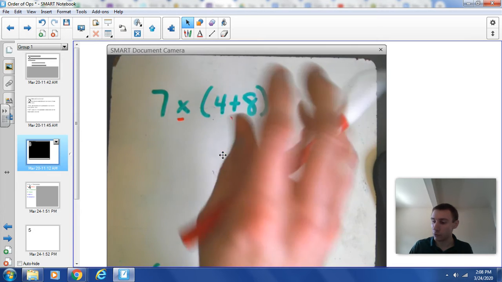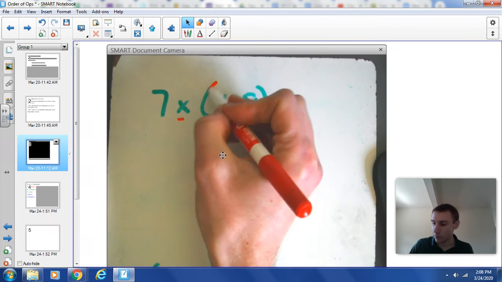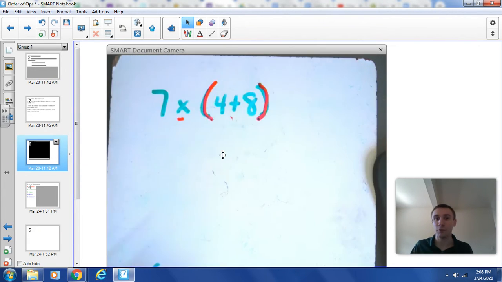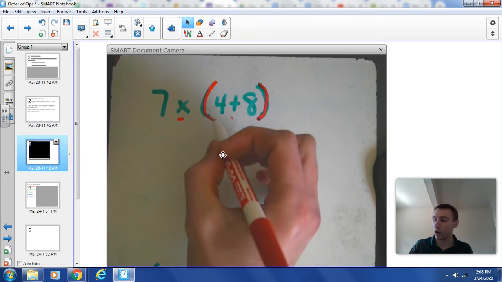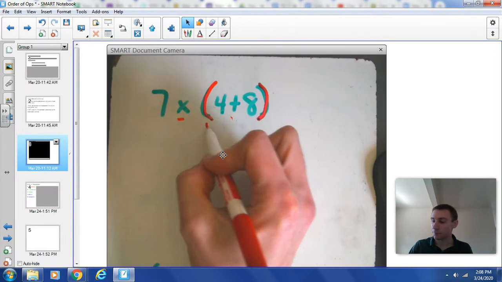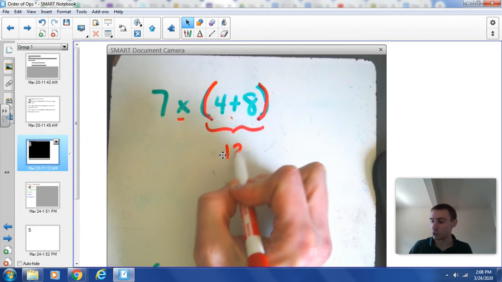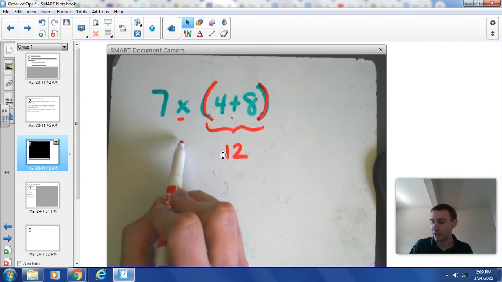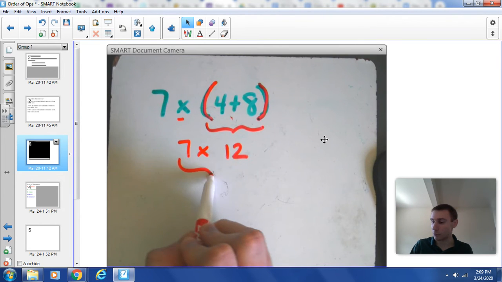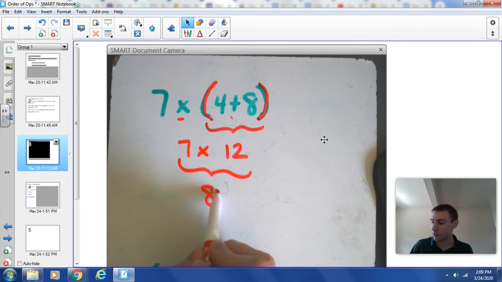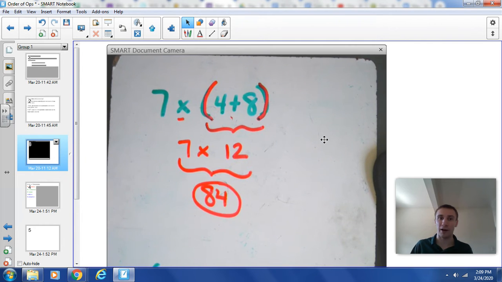However, because I have this grouping symbol, and I'm going to trace over it, I have to solve 4 plus 8 before I go on any further. So that 4 plus 8 simplifies to 12. Now I'm going to have 7 times 12 left over. To complete this problem, 7 times 12 is 84, and that would be my final answer.